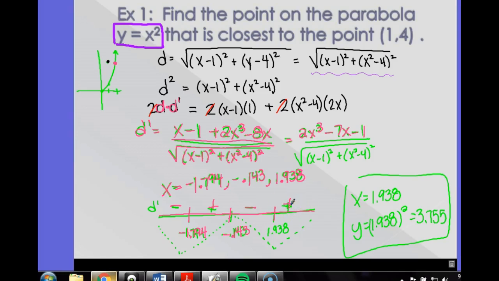Okay, so my sign chart says it goes negative to positive. So it's decreasing, then increasing, then decreasing, then increasing. So the distance is at a minimum at negative 1.794 and 1.938. We're trying to look for (1, 4). Of those 2 points, which one's going to be closer to (1, 4)?